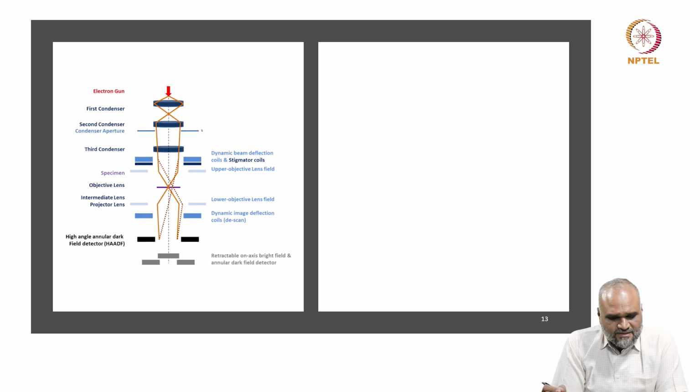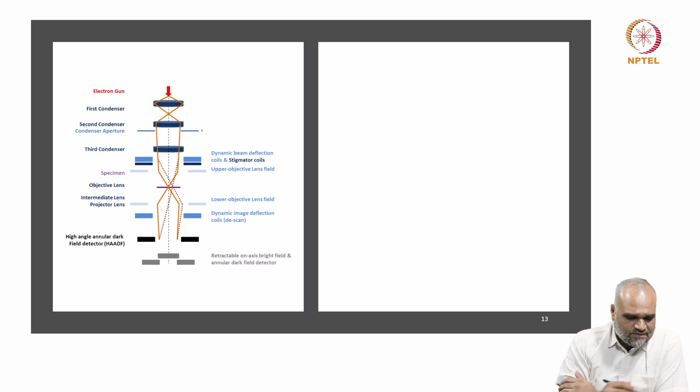In modern day electron microscopes, where you are trying to achieve higher and higher resolution with a field emission gun, and also when you are using a probe corrector or an image corrector, you typically have something called the condenser objective lens system. And here is where you have the third condenser, or some of the manufacturers call it the condenser mini, and so on.